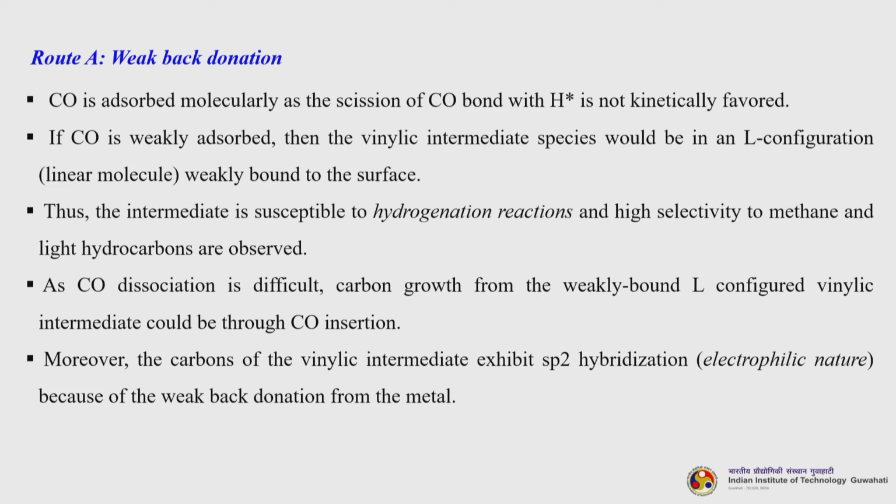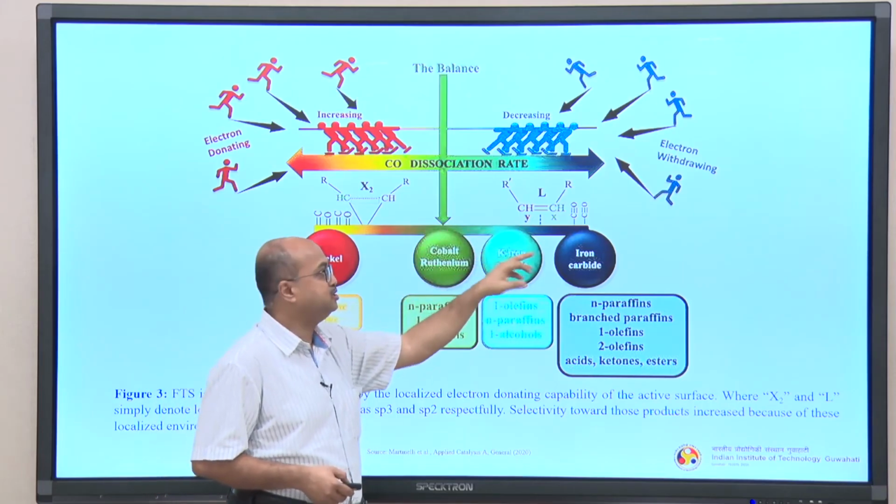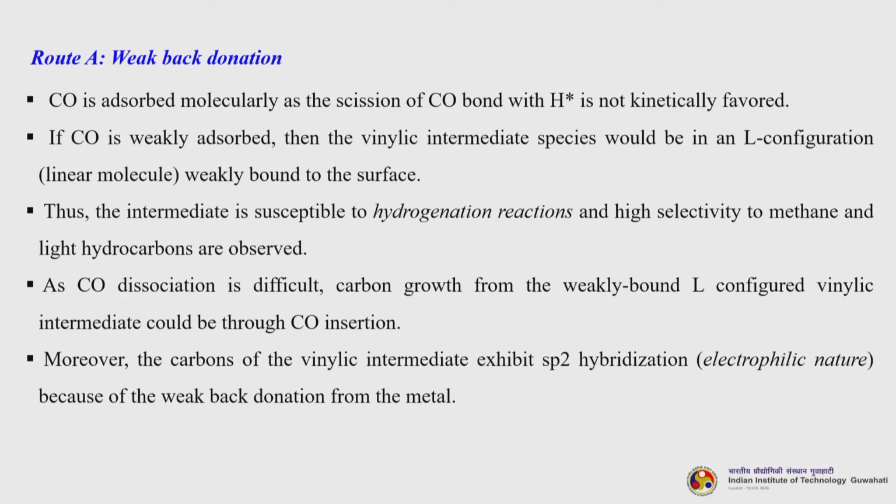If carbon monoxide is weakly adsorbed, then the vinylic intermediate species will be weakly bound to the surface in an L configuration. Thus, the intermediate is susceptible to hydrogenation reactions, and high selectivity to methane and light hydrocarbons is observed.